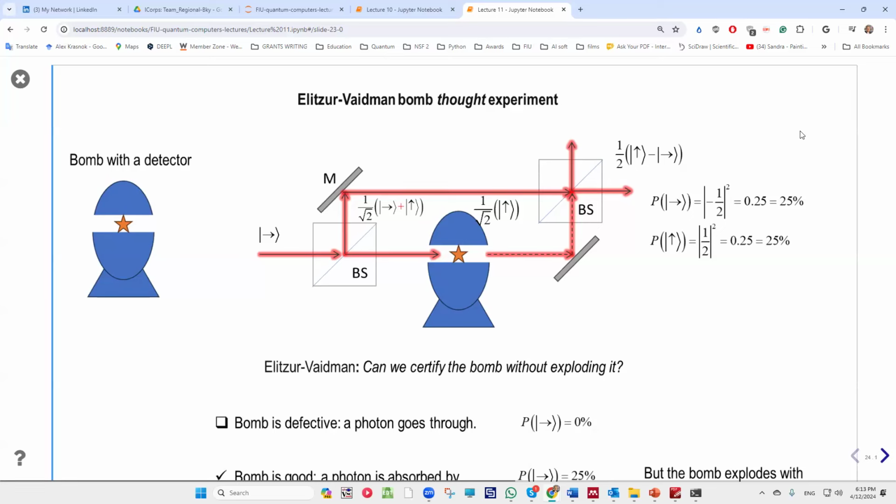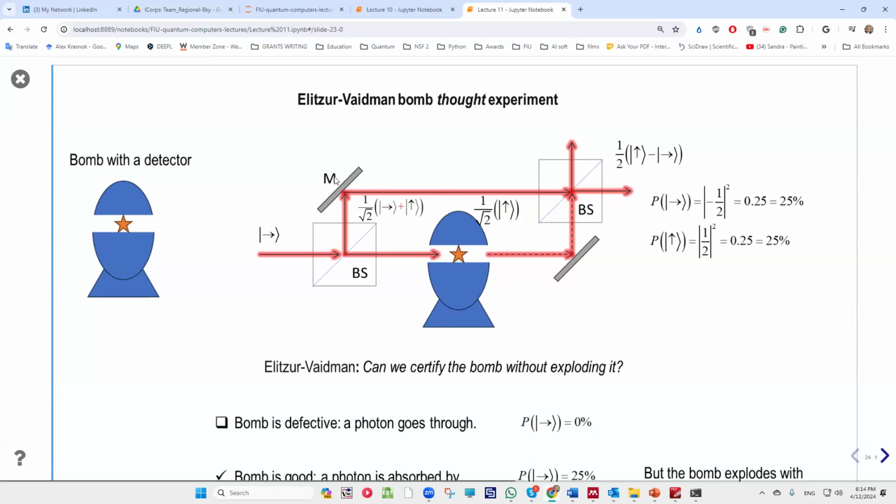This type of experiment has never been done with bombs. I don't know why they use these bombs and so on. This experiment has been done with optical detectors. If you put an optical detector here, and again the photon either goes through or is absorbed, the rest of the logic is exactly the same.